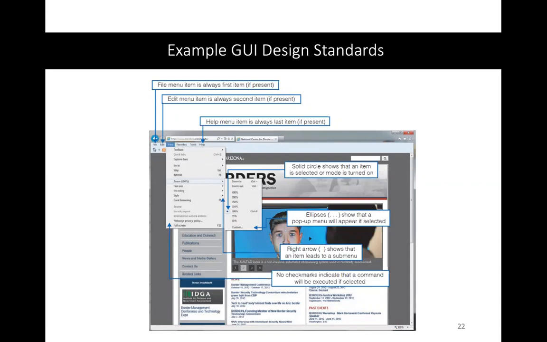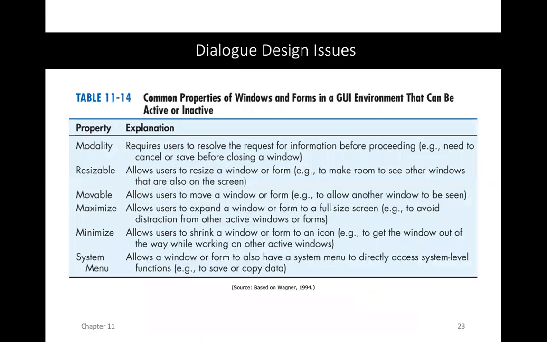So what are the common properties of windows and forms in a GUI environment that can be active or inactive? Here we have different properties that you need to know about. Modality is the sense that users are required to resolve a request for information before being able to proceed, i.e. you need to cancel or save before closing a window, okay?